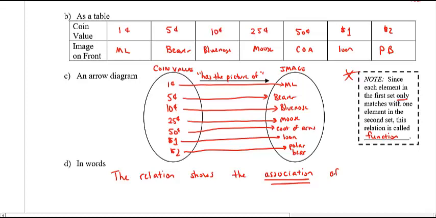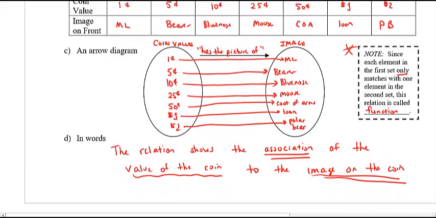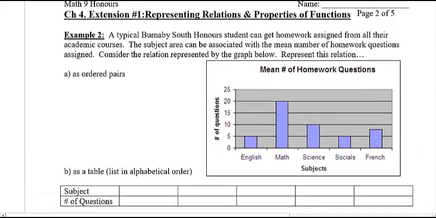The connection of the value of the coin to the picture or the image on the coin. And that's how we can describe this with words.